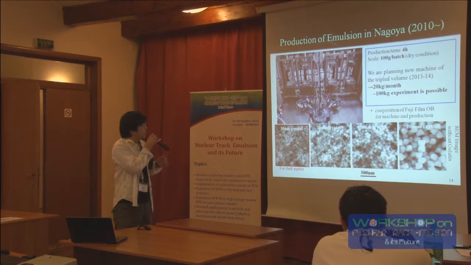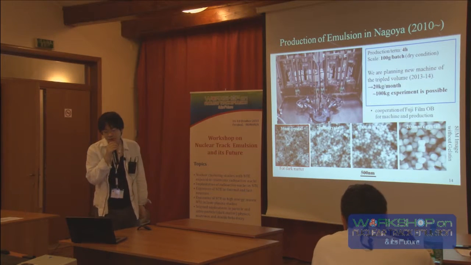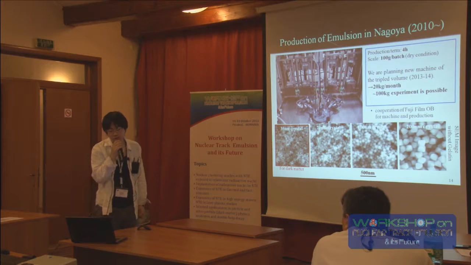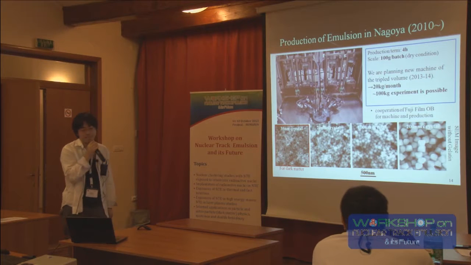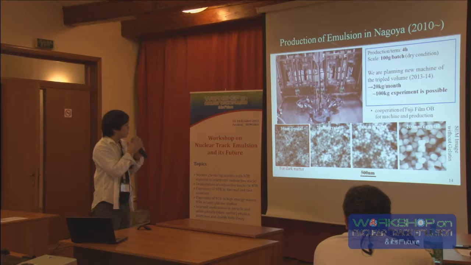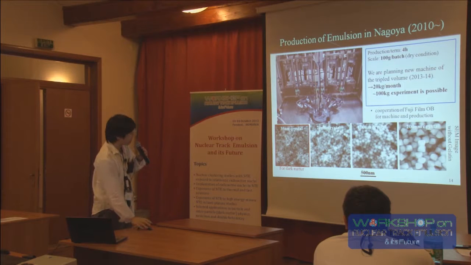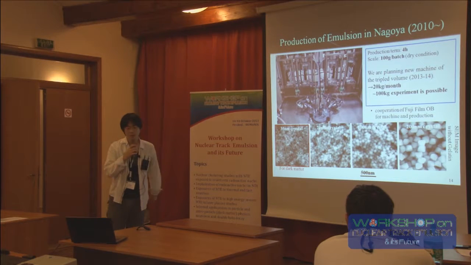It is enough for our lab level study, and thanks to the machine and the cooperation of the Fujifilm office, we can do very flexible study. This machine can produce many kinds of crystals, like OPERA type, MIP grain crystals, and such very fine crystals are used for our experiment.